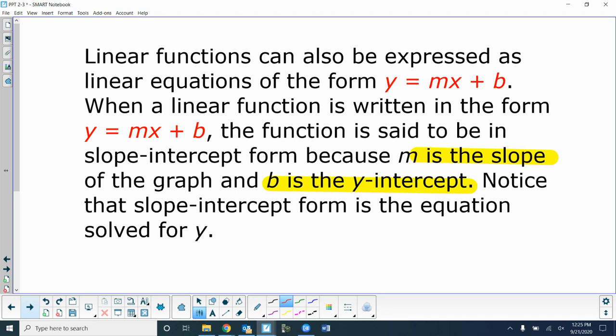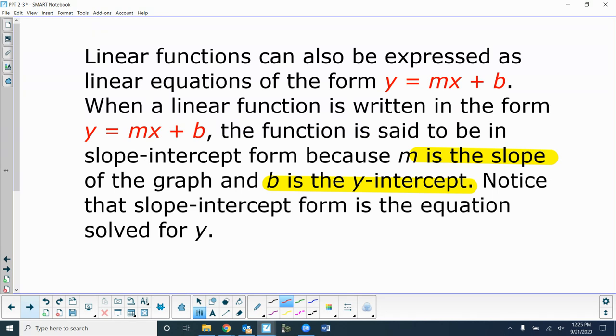That's what it means. Once y is by itself, m is the slope, the number in front of the x. If it's a whole number, put it over what to make it a fraction? How do I make a whole number a fraction? Put it over 1. So I got rise and run then. And then b is the y-intercept, where it crosses the y-axis.